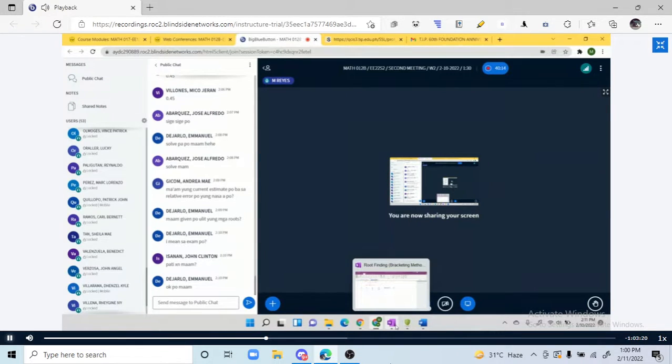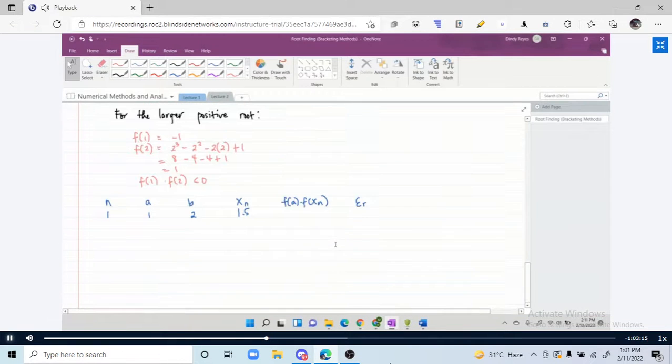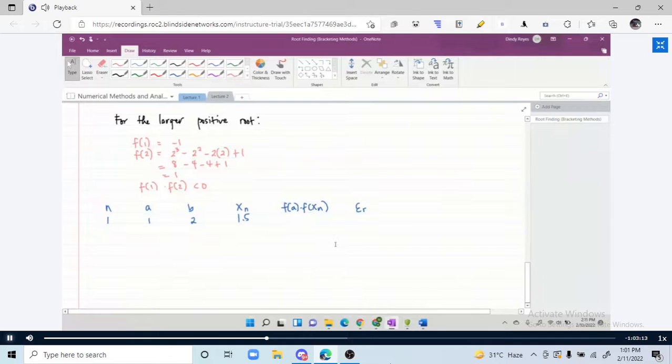X sub n, syempre ikaw ang magsosolve nun. Yun na nga yung hinahanap natin, X sub n. Ito lang ang ibibigay ko, yung initial values, or yung endpoints ng bracket or ng interval, no?